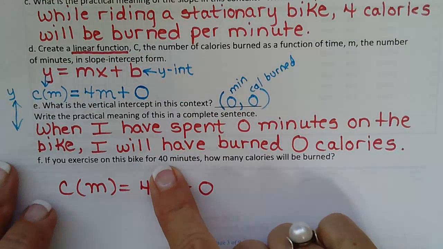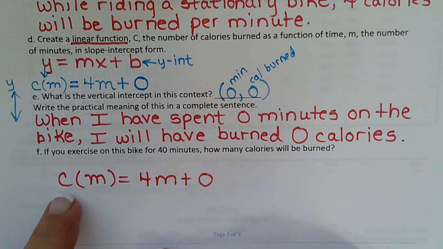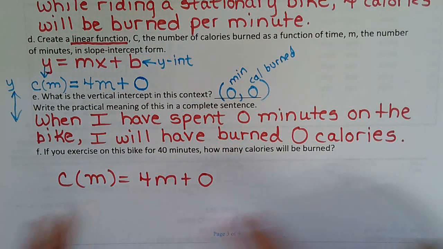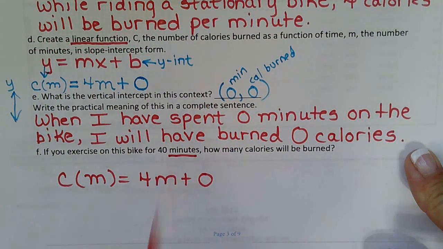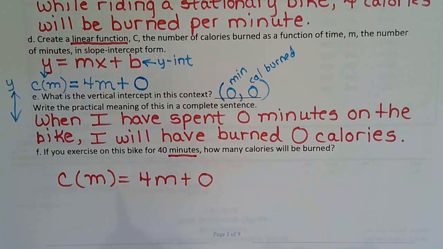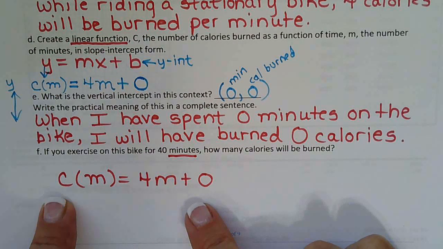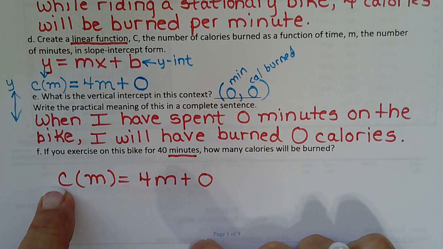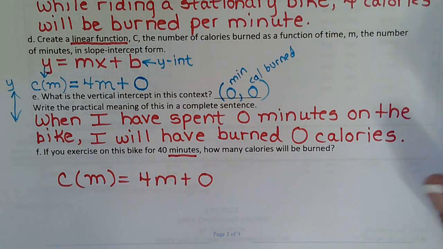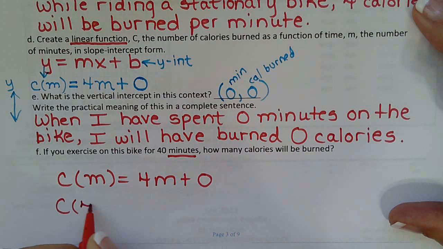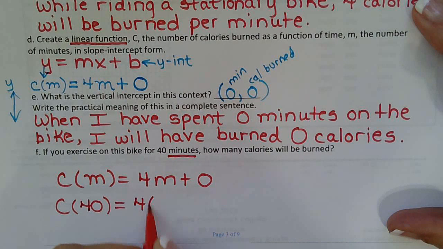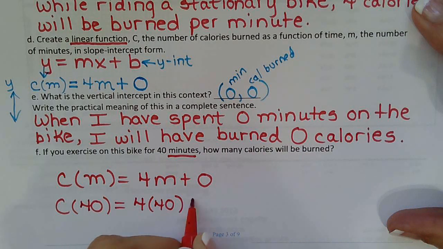So if they're giving us 40, are we going to put it in place of calories, or are we going to put it in place of minutes? Of course, we're going to put it in place of minutes, right? Because they don't always give you the X. Sometimes they'll give you the Y, so you have to look at the labels. M is minutes, C is calories, so I'm putting 40 in place of M. So C of 40 equals 4 times 40 plus 0.